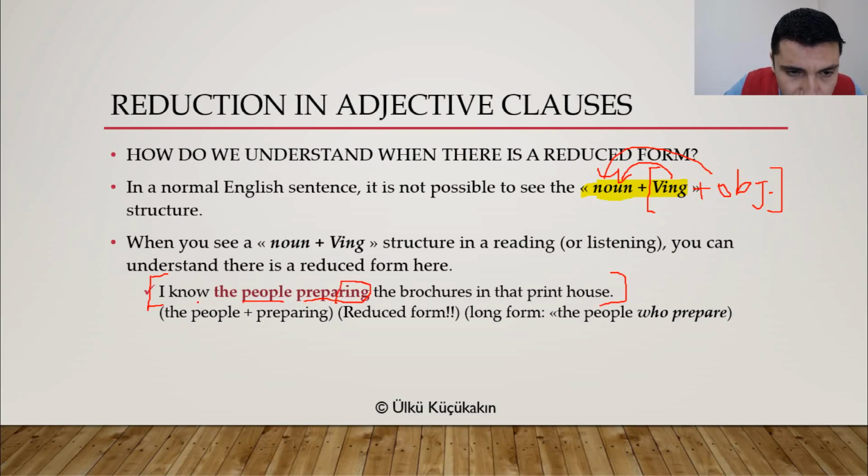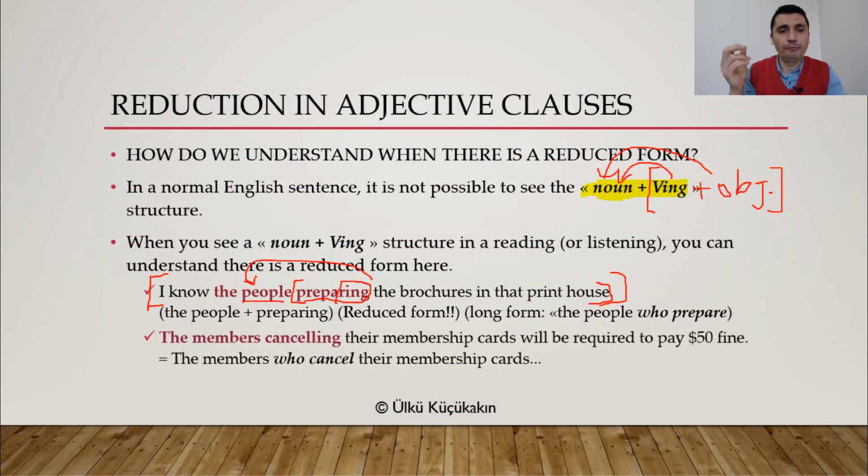So, what do you understand here? The people preparing the brochures in that printhouse, all together, they describe people. What kind of people? The people who are preparing or who prepare. Okay, so there you have it.